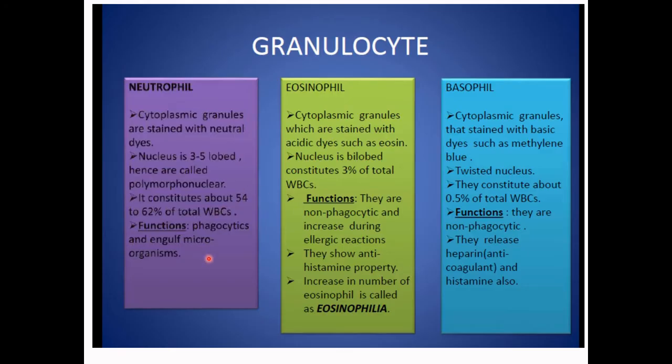If the cell gets stained with a neutral dye, then such a cell is termed a neutrophil. The nucleus in these neutrophils is about 3 to 5 lobed, and that's why it is named polymorphonuclear. Here we can see these neutrophils have polymorphic, multi-lobed nuclei.